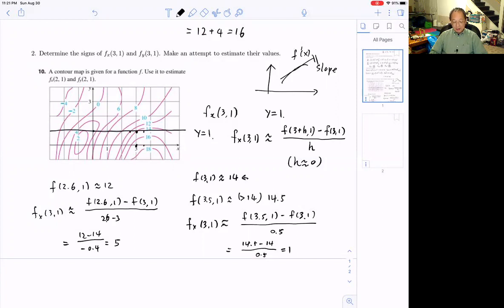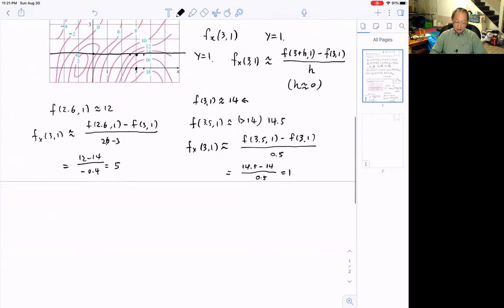So what it means is that on the left-hand side, the derivative is way bigger than on the right-hand side. So based on this, from the right-hand side we can put a plus sign, and the negative sign over here. So f_x(3, 1) over here, maybe it's just the average of these two. It's just an approximation.